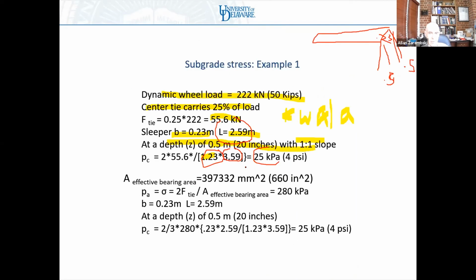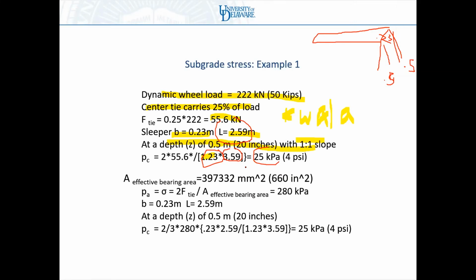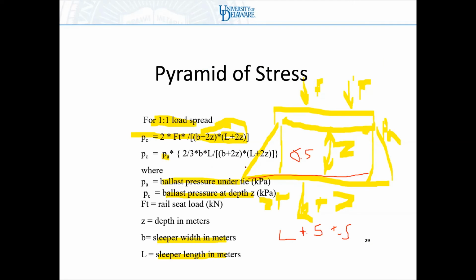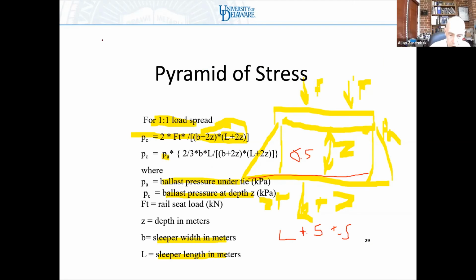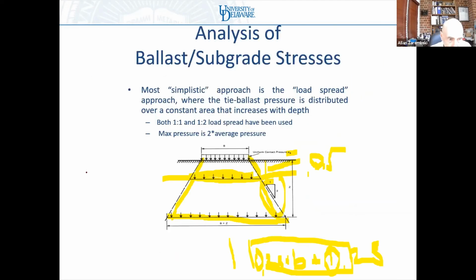Everybody clear on this? No, can you expand again? Okay. All right, so let's come back here. I have a sleeper, right? The length of the sleeper is L, the width of the sleeper is small b, okay?